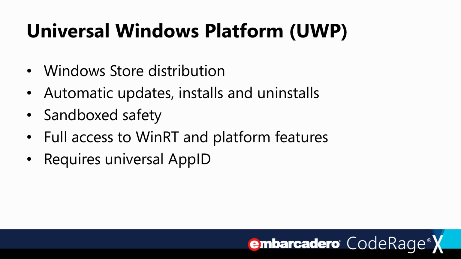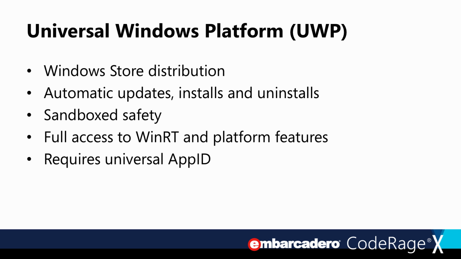That's probably the biggest thing, is that you can have your app be installed and uninstalled and updated in a clean manner. It's all sandboxed safely, so the user doesn't have to worry about your application leaving behind DLLs and text files and configuration files all across the system. With being a Universal Windows Platform application, an application gets full access to the Windows RT and all platform features.